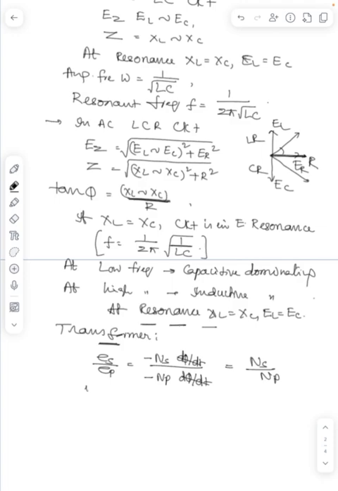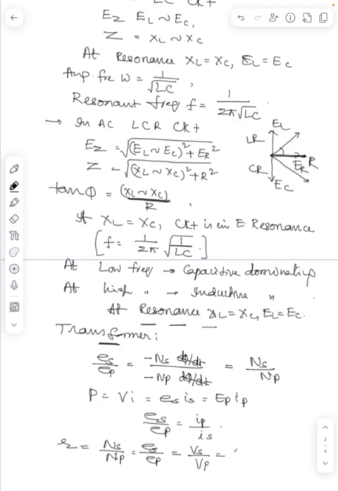According to Ohm's law, power P equal to voltage into current equal to E S I S equal to E P I P. Therefore E S by E P equal to I P by I S. Transformer ratio R equal to N secondary by N primary equal to E secondary by E primary equal to V secondary by V primary equal to I primary by I secondary equal to Z secondary by Z primary.